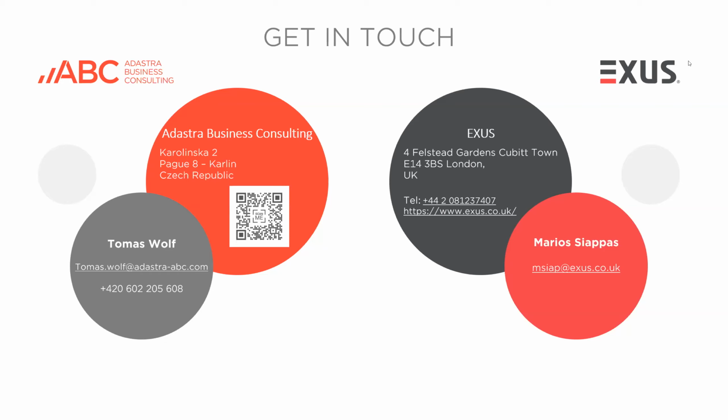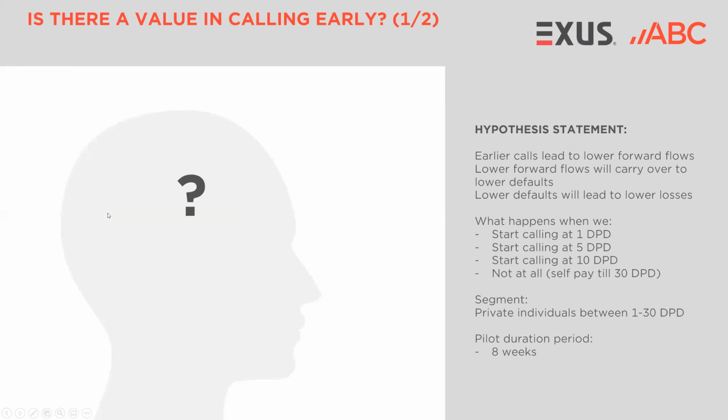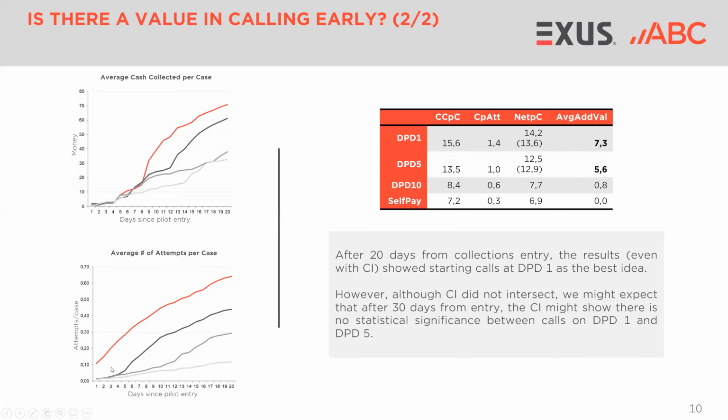And there you could see, and maybe I'm going to go into that slide. Sorry, I'm just going to jump to it. Right here on the bottom, you could see that the red goes up and up and up from day one. So we were attempting those cases from day one. And therefore, we had larger costs. So we put, I think, 3 euros per case per attempt.